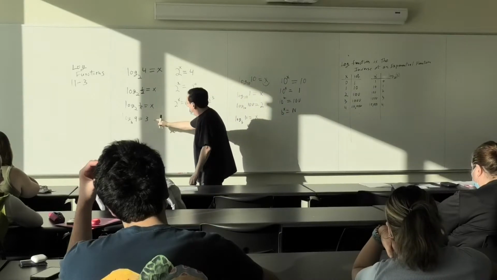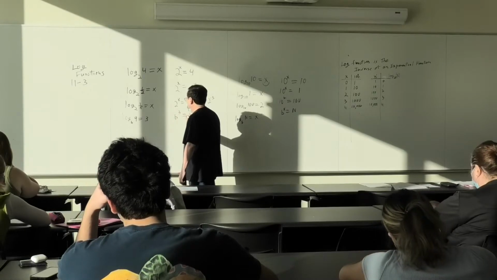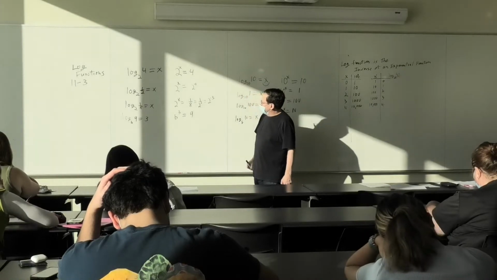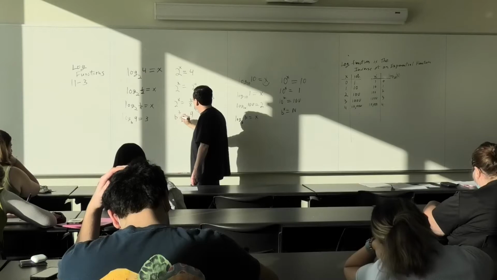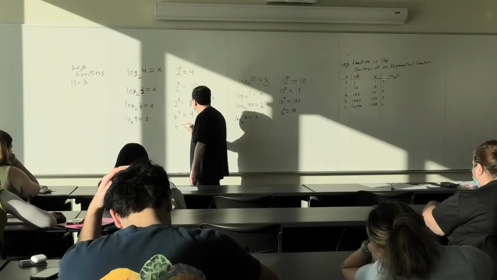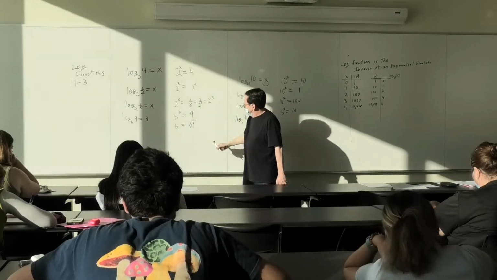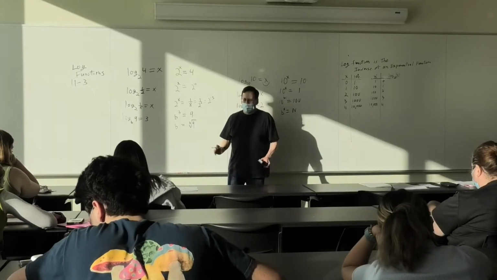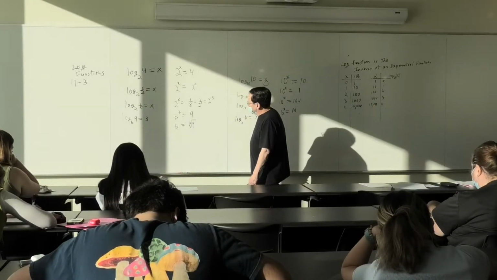But if I write b to the 3, well, b cubed is 9, so b is the cube root of 9. It wasn't something nice. Can you have a weirdo base like that? Yeah. We'll get to a really weird base in a few minutes.